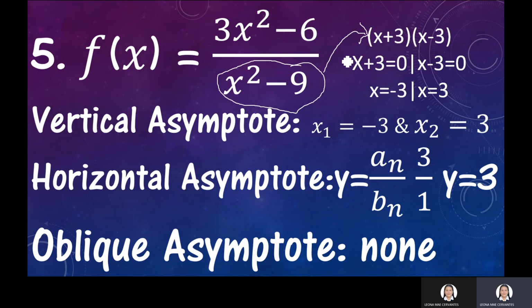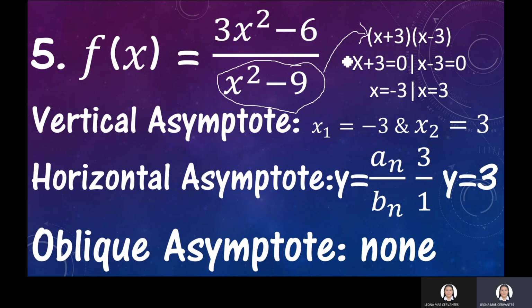So, x plus 3 equals 0, then x is equal to negative 3. X minus 3 equals 0, then x is equal to 3.